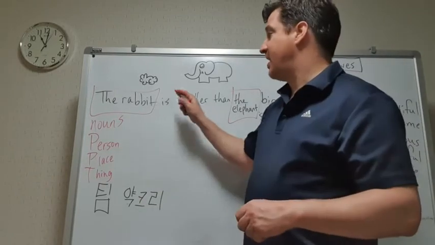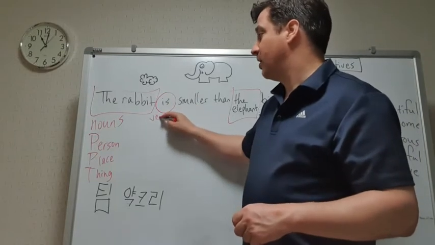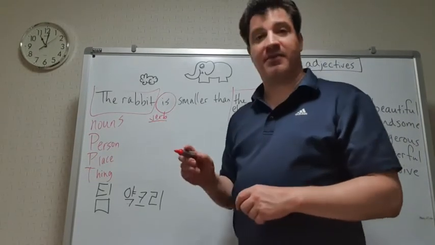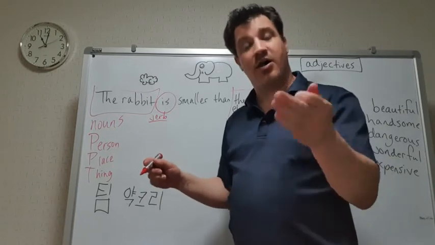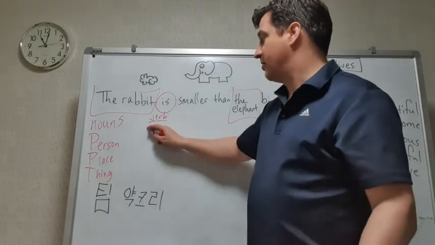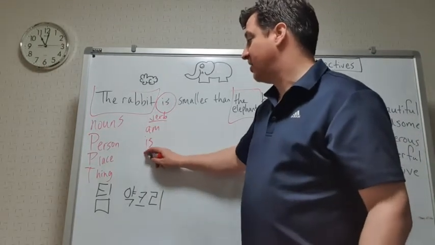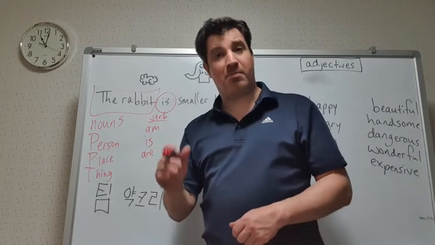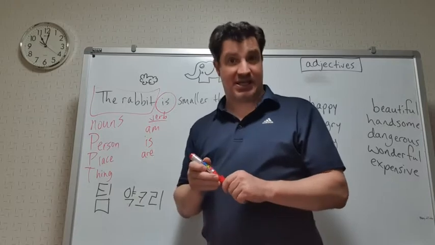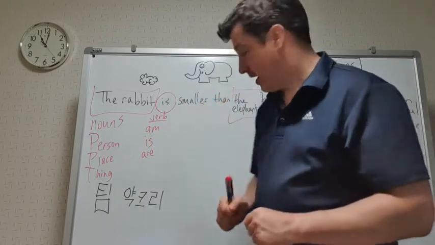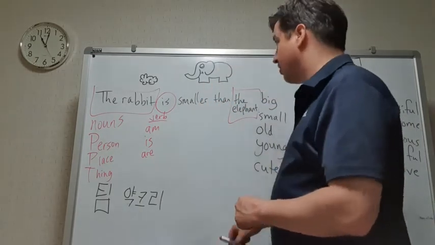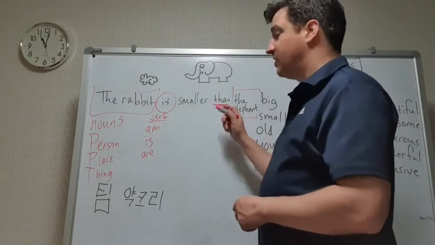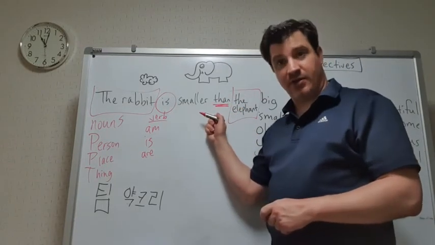And you need a verb. Usually, that verb is going to be a be verb, either am, is, or are. Now, it does not need to be, but usually it is, okay? And you are going to need this word, than, okay?